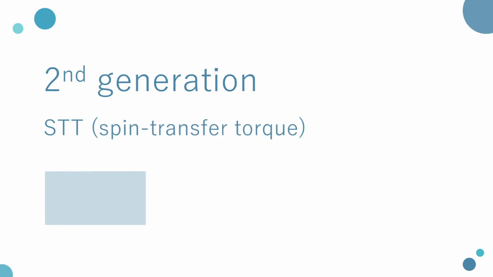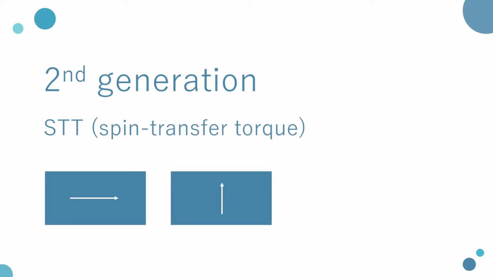Second generation MRAM uses STT to program the array. STT switching can be accomplished with reasonable efficiency with MTJ devices having either in-plane or perpendicular to the plane magnetization.